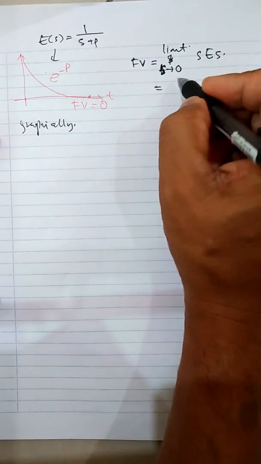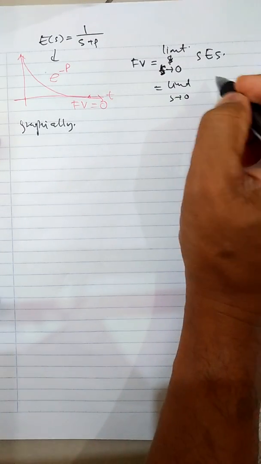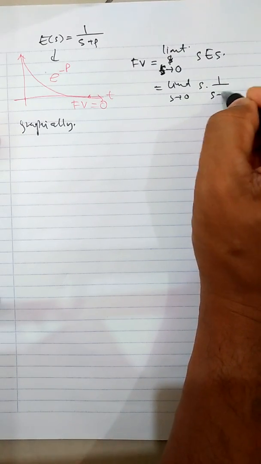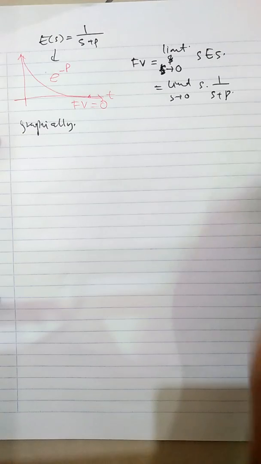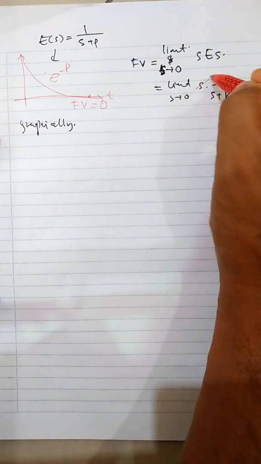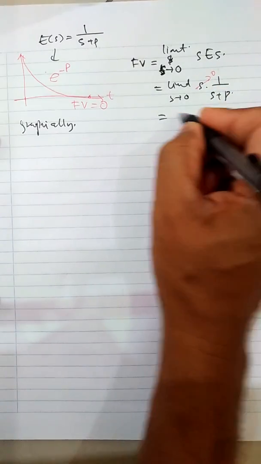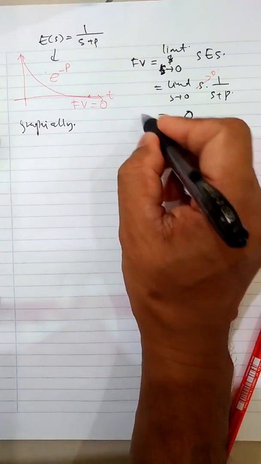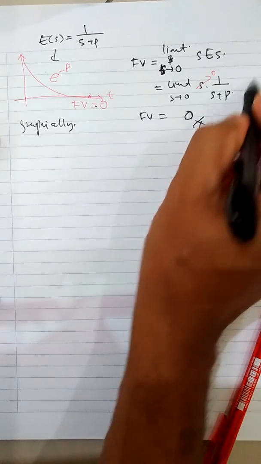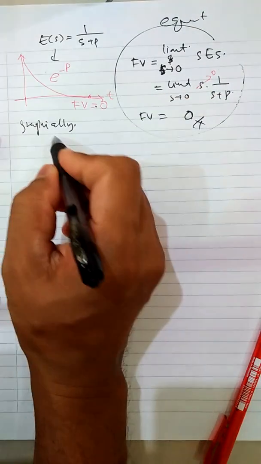So limit s approaching 0, s times 1 over s plus p. Here s equals 0, so 0. So the output will be 0, so the final value is 0. The same. This one is using the equation, and this one is using the graph.